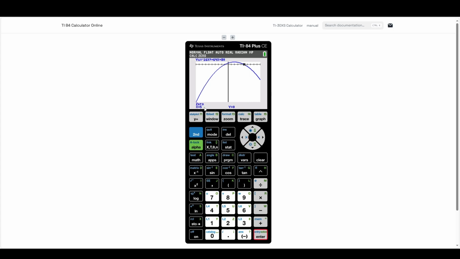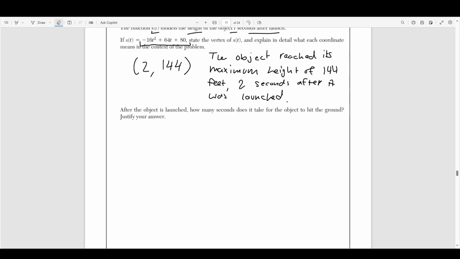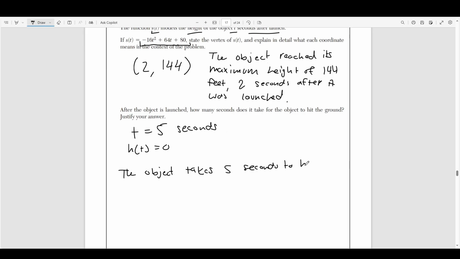And then it says that the 0 is at x equals 5. So that means that when t is equal to 5 seconds, the height, which is h of t, is equal to 0. Thus, the object takes 5 seconds to hit the ground.